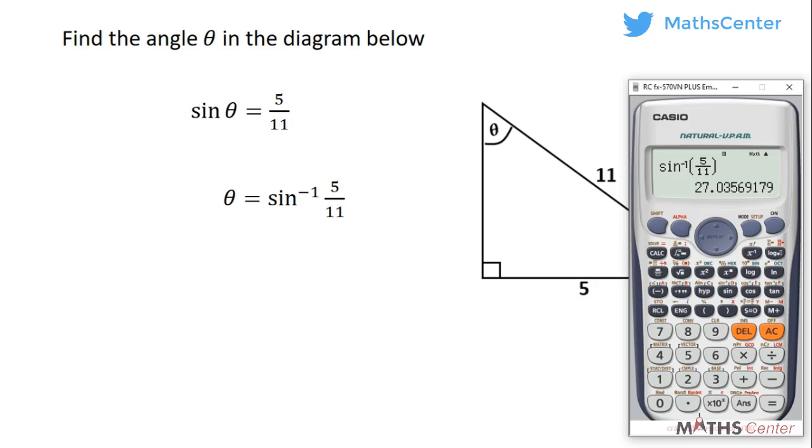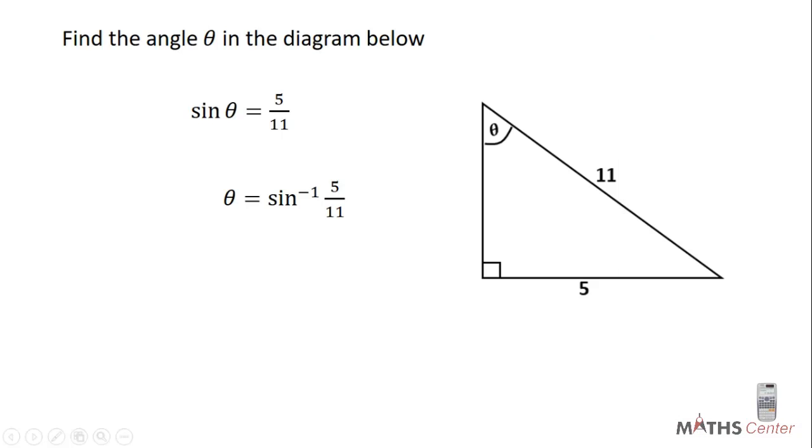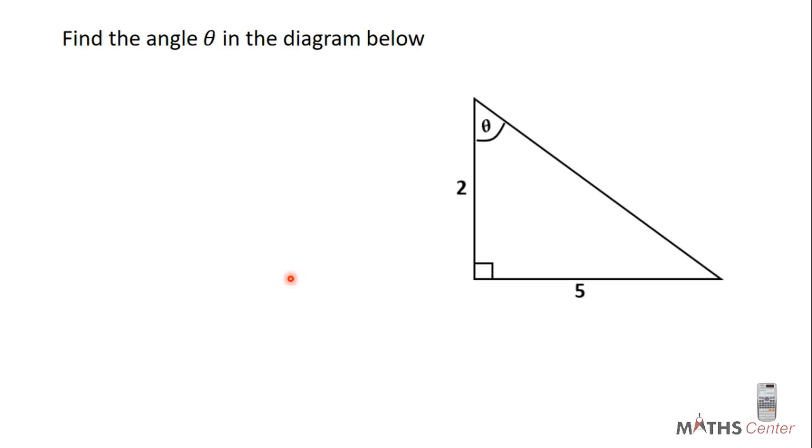The number continues on and on. I'm rounding the answer to one decimal place, so theta is equal to 27.0 degrees or 27 degrees. So the value of this angle, if the hypotenuse is 11 and the opposite side is 5, is 27 degrees. Let's consider the next question.